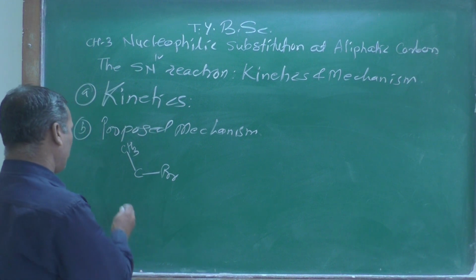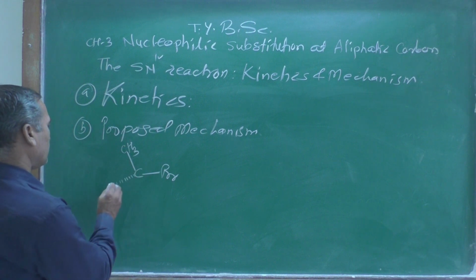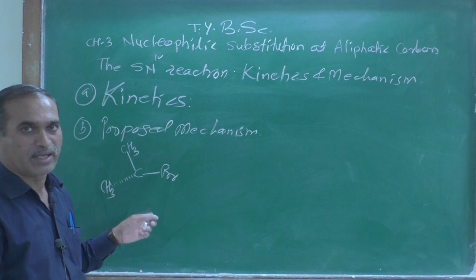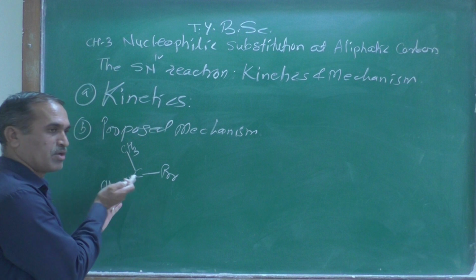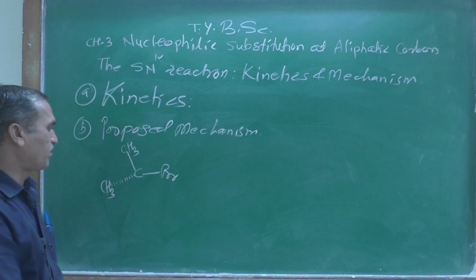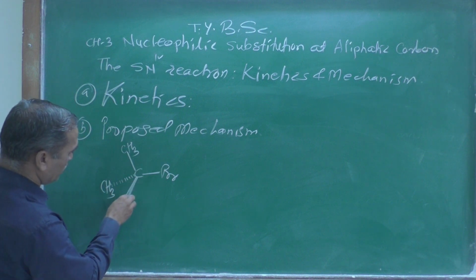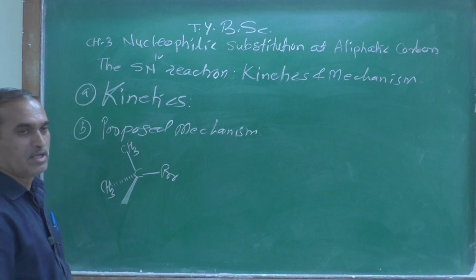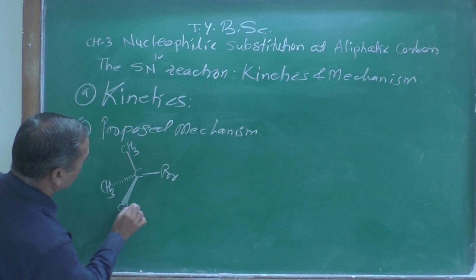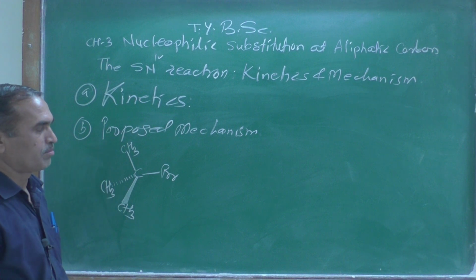One bond is shown dotted, indicating the bond going away from the observer, below the plane. The fourth bond is shown thick or solid, and again a CH3 group. This is the structure of tertiary butyl bromide.